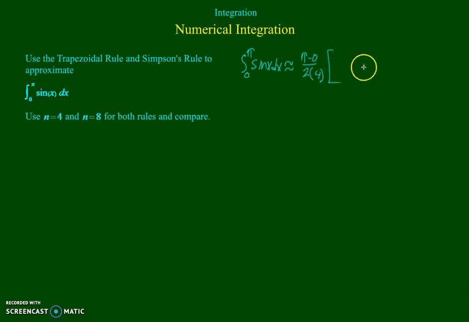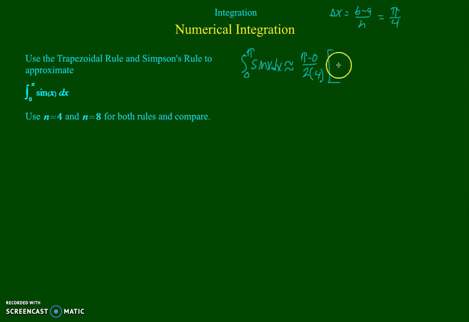In order to evaluate this piece, we're going to need to know our x0, our x1, x2, and so on. And that is equivalent to our idea of delta x, which we had before, which is just going to be b minus a over n. And so that's going to give us pi, a is 0, over 4. So each interval is going to have a width of pi over 4.